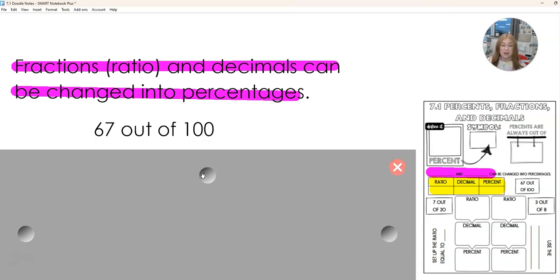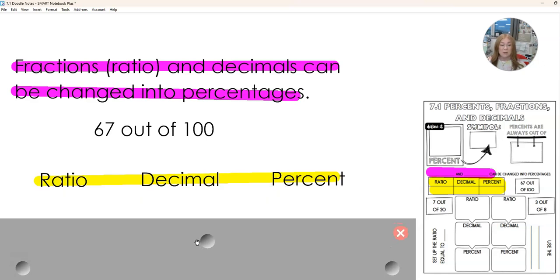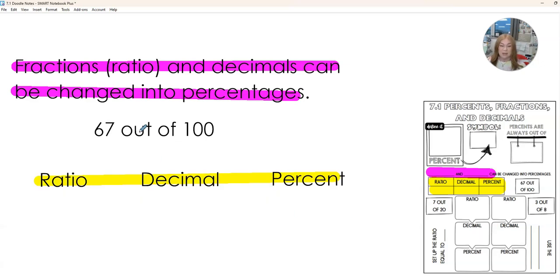So let's take a look at one. We're going to do 67 out of 100, and we're going to write that as a ratio, a decimal, and a percent. The fraction's pretty easy: 67 out of 100, 67 hundredths.